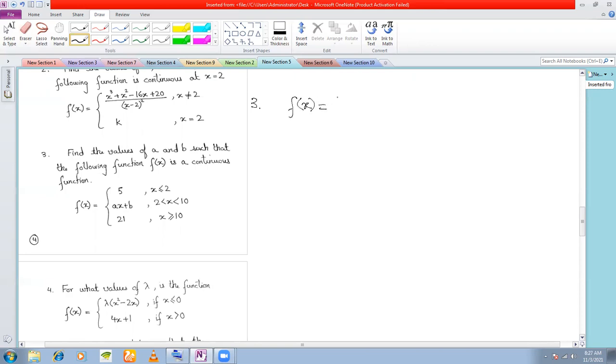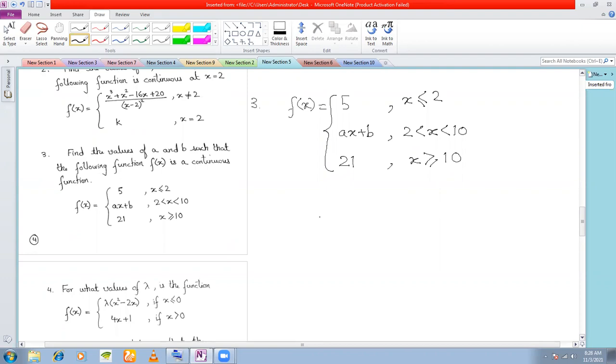Write the function first. This is the function that is given to you. You need to find the values of a and b such that the function is continuous.